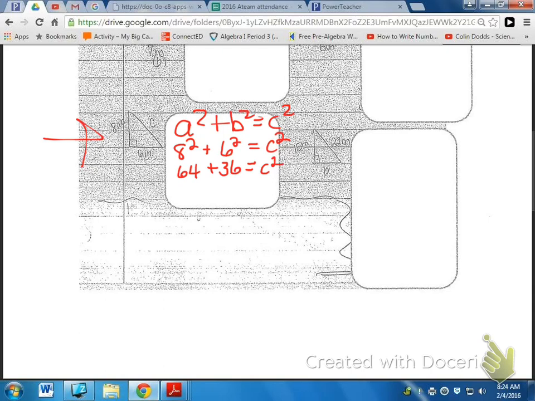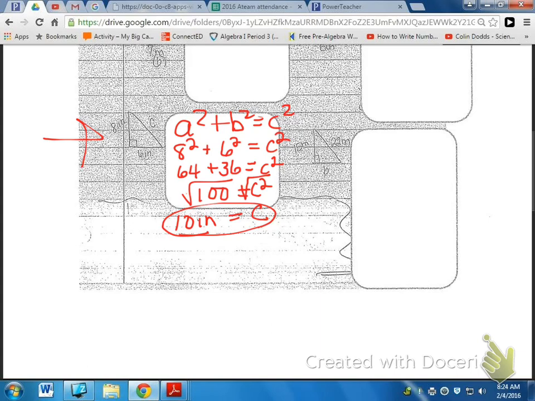Good. 64 plus 36 is 100. And then our last step is going to be doing what? Undo the squaring. So, square root of 100 is 10. Yep. So C would be 10, and you would label it inches. So the hypotenuse on that triangle is 10 inches.